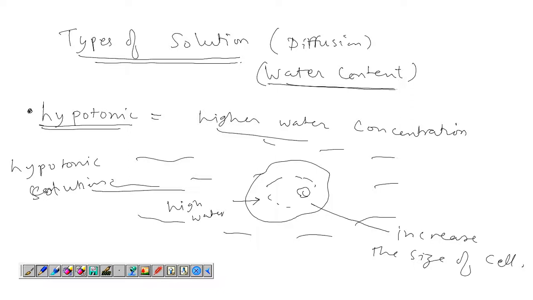So the net exchange is that it will get water from the outside solution, because the outside solution is dilute, and thus we have a net movement of H2O across the SPM, this semi-permeable membrane.